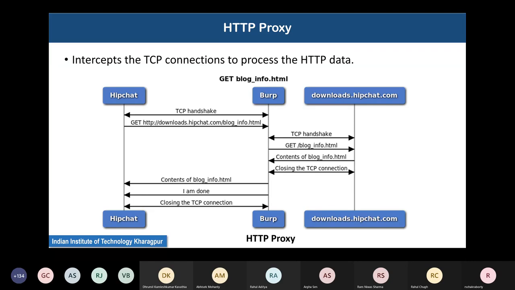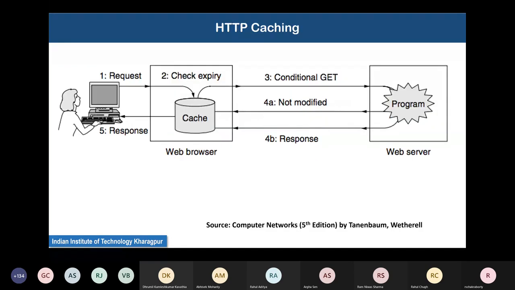This is a very important concept which we also discussed, I believe, in the last class, where there was this conditional GET command, that if the page is either it is sent back immediately, okay, it is not expired, or if it's a web browser or the proxy server, whoever is caching the information, is not sure, it contacts the web server but using a conditional GET command with additional parameters saying only if the page is not modified, I have the page at this time, the version at this time.